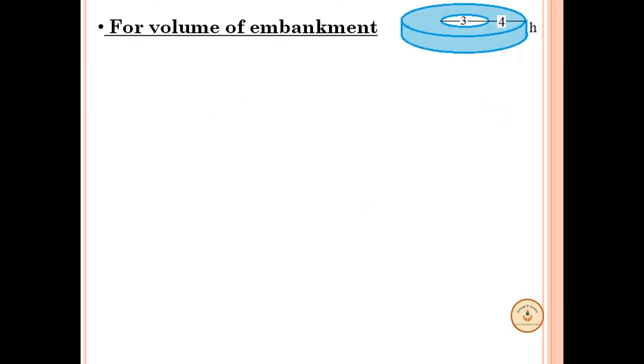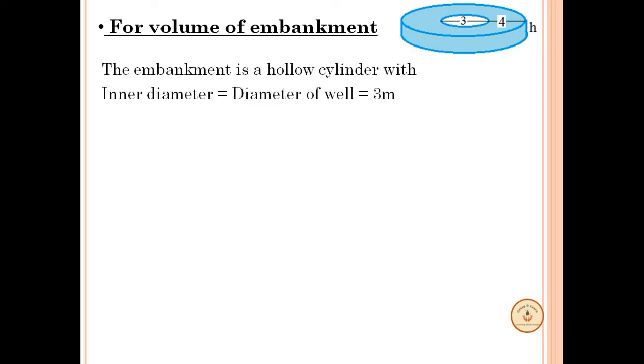The embankment is built around the well, so it looks like a hollow cylinder with the well in between. So for this embankment, inner diameter is nothing but the diameter of the well, which is 3 meters. So the internal radius becomes 3 by 2, that is 1.5 meters.